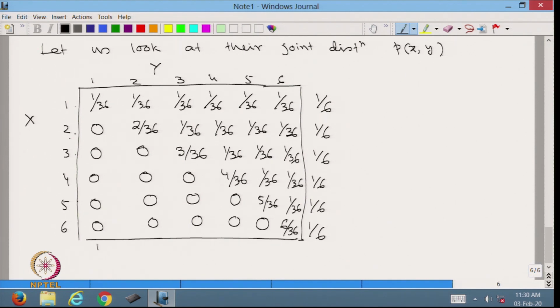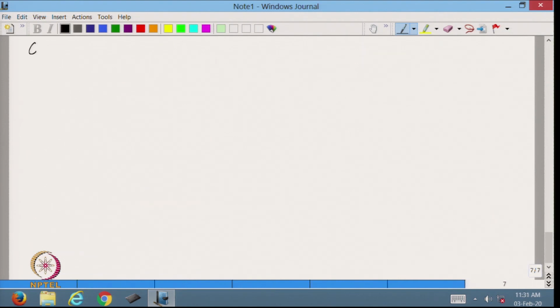In this case it is 1 by 36, in this case 3 by 36, then 5 by 36, 7 by 36, 9 by 36 and 11 by 36. So, this is the marginal distribution of Y, and this is the marginal distribution of X. What is the expectation of X given Y is equal to 1?